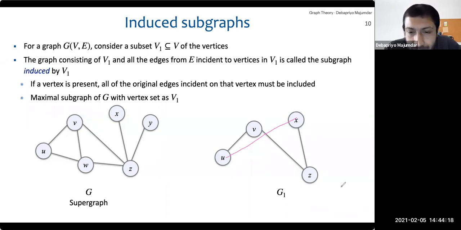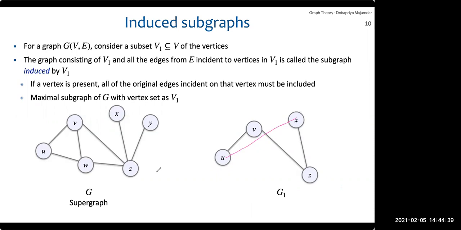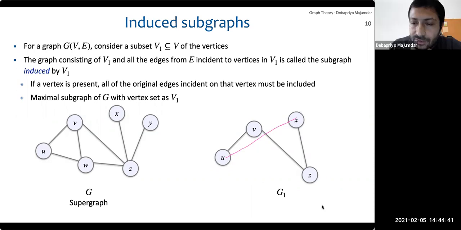Typically, for a subgraph, we keep the labels the same because we want to show it as a subgraph of another. But if you change the labels, then this will be a subgraph of another graph which is isomorphic to this. So ultimately, it's the same thing. You don't get anything new. Okay, so now the maximal thing is clear, right?